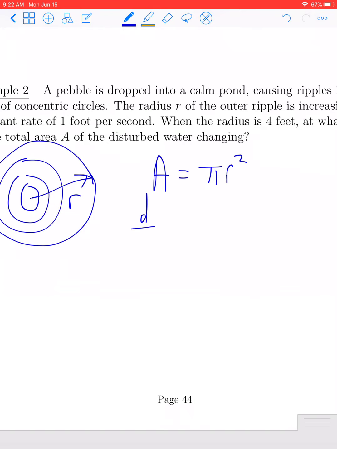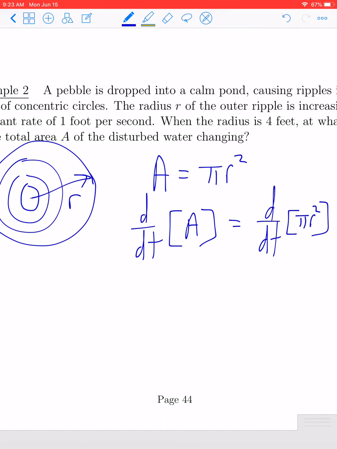We can now take the time derivative of both sides. The derivative of area with respect to time, we call that dA/dt, is equal to the derivative of pi r squared. Well, pi is a constant, so you can leave the constant alone.